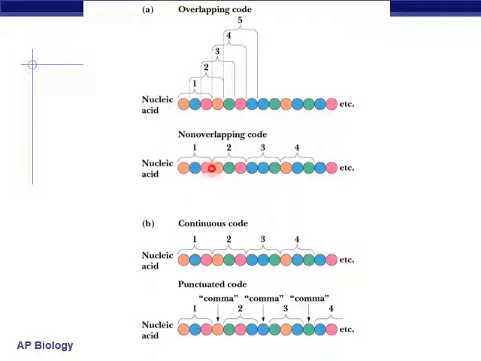That means the triplet codons are adjacent, and successive triplets are read in order. Each nucleotide is part of only one triplet codon. Third, they are not separated by punctuation, such as commas.